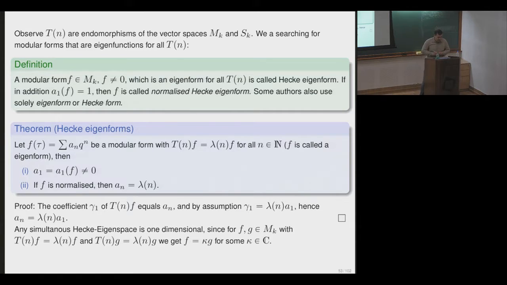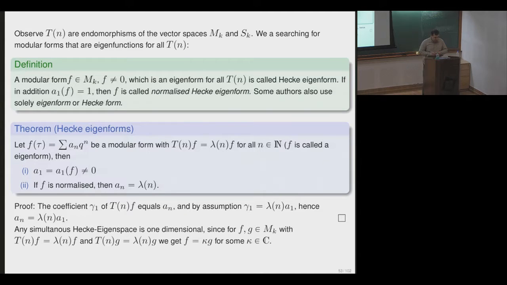Now the theorem is: if we have a modular form which is an eigenform, then the first coefficient must be non-zero, and if in addition it is normalized, then the nth coefficient of the Hecke eigenform equals the eigenvalue of the nth Hecke operator. So it is a strong interrelation between this modular form and the Hecke operators.